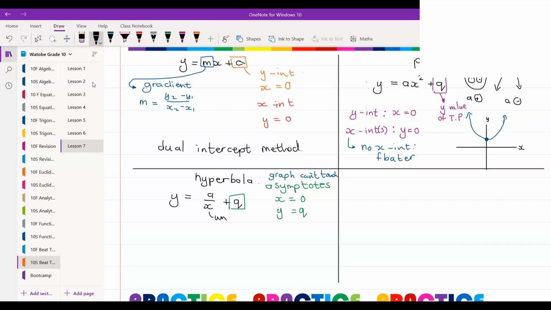So if x is 0, this whole function or this whole hyperbola is going to be undefined. So my graph cannot touch the point where x is equal to 0. Okay, and that's what an asymptote is: the part of the Cartesian plane that my graph can't touch.